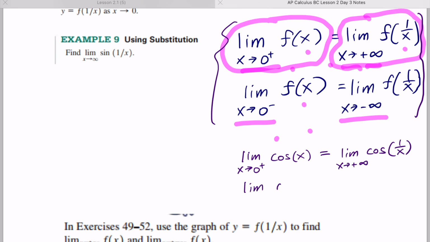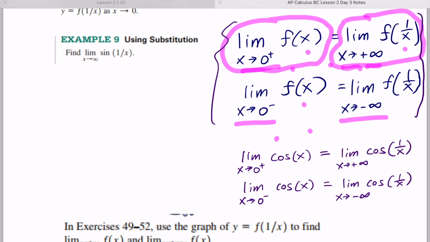And similarly, the limit of cosine of x as x approaches 0 from the left side would be equivalent to the limit of cosine of 1 over x as x approaches negative infinity, as was the case graphically.